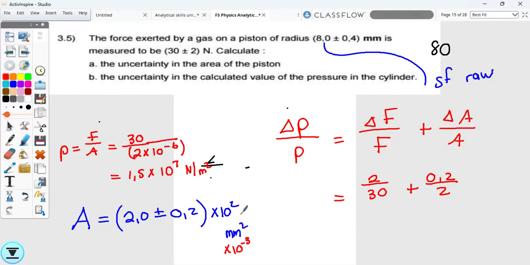Why don't I have to care about the powers of 10 in the units? When I use the fractional uncertainty, why am I now using 2 and 0,2 and not times 10 to the minus 6 or whatever I did earlier? Why can I throw it away?